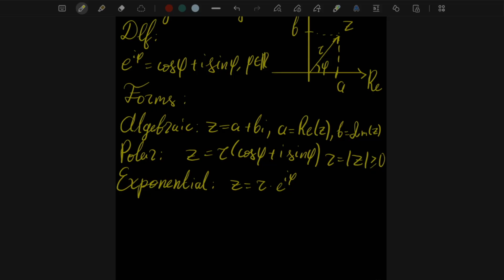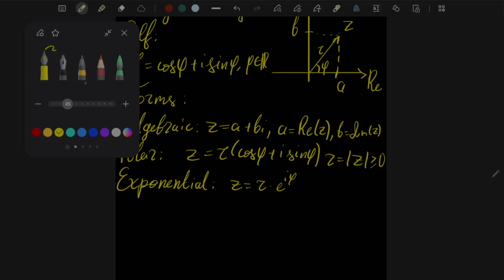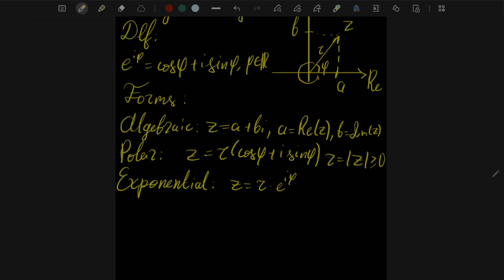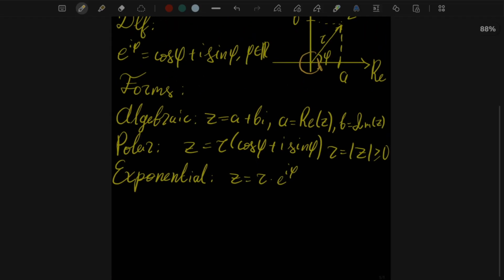Let us talk about the argument of z, because as you may have guessed, we can go 2 pi more radians and return to the same value. And so we have a multi-valued argument. I will write it in my notes with a non-capital letter as the first one.